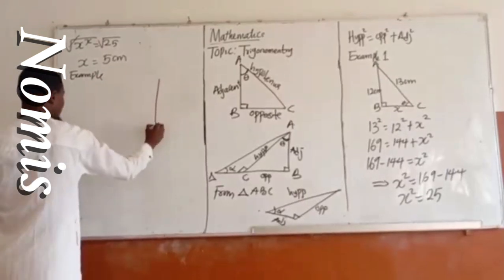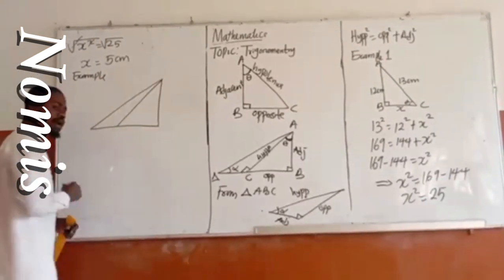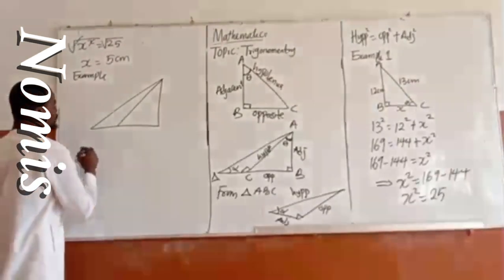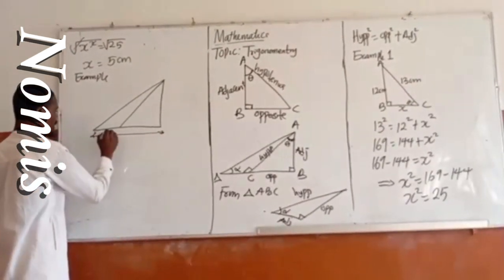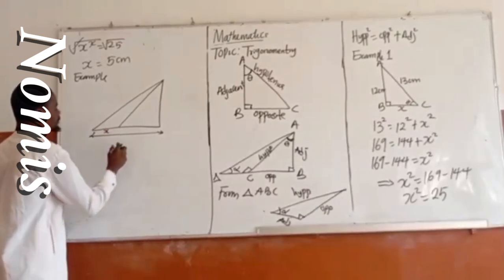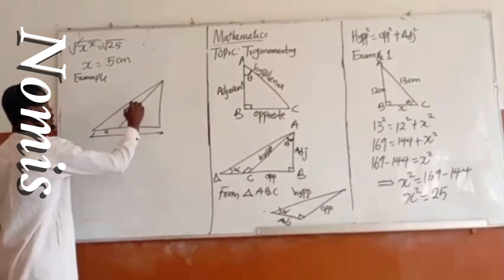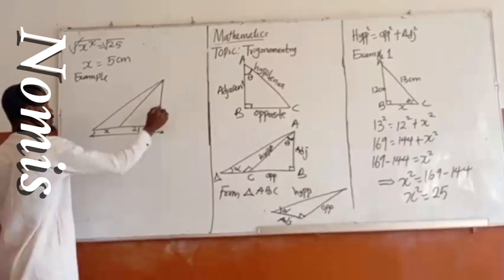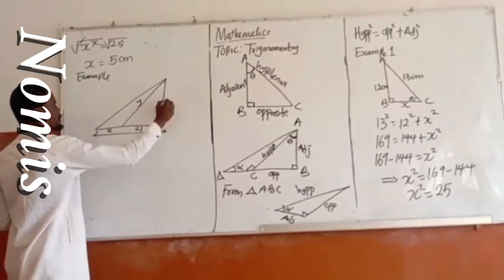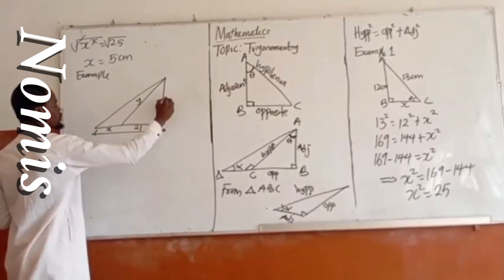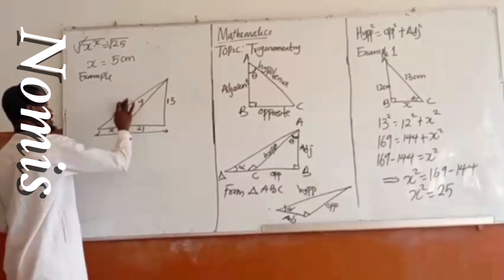We have something like this. You see, two triangles are now attached to each other. And they say from here to here, here we have x, here we have 21, here we have y, here we have 13, here we have 20, here we have 30.